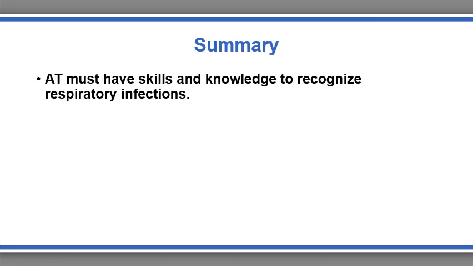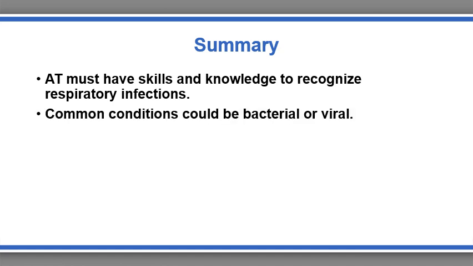So in summary, you should be able to recognize your respiratory infections. We've spent a good amount of time in this class reviewing, but the information that we discussed in the pathology portion of the class is obviously relevant as well. Common conditions can be bacterial or viral. You're only going to utilize an antibiotic where a bacterial infection is present.